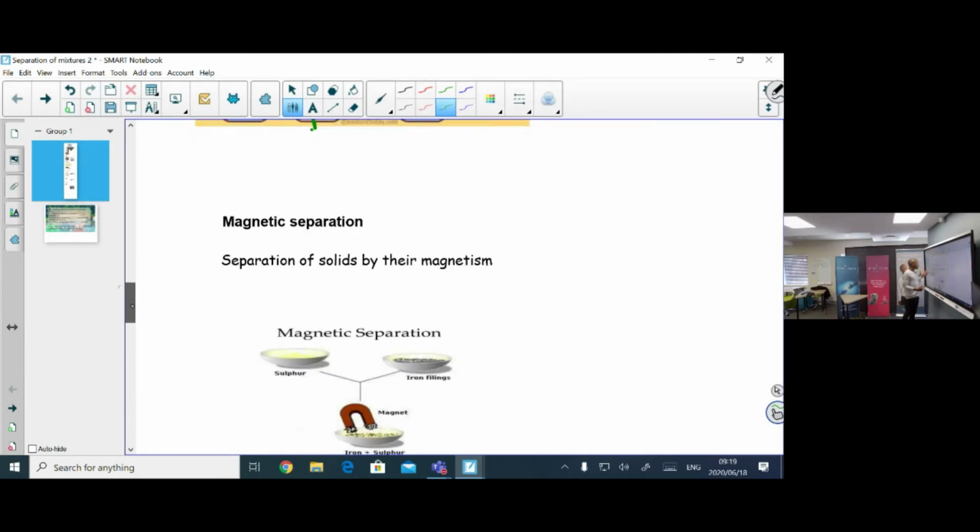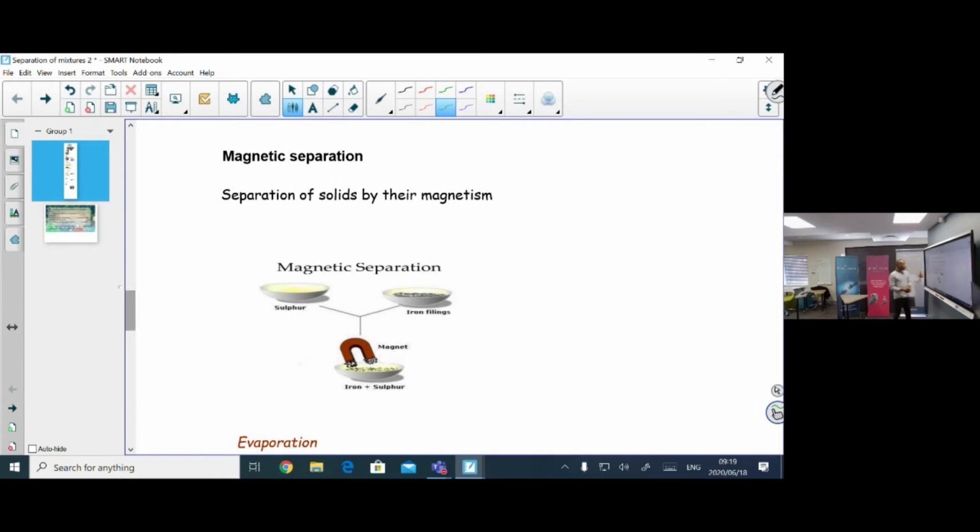We also looked at another separation procedure, separating solids by exploiting their property of magnetism. Do they react to a magnet? We said when you have a mixture of sand and metal, and you're looking to separate the metal from the sand, how do you go about it?